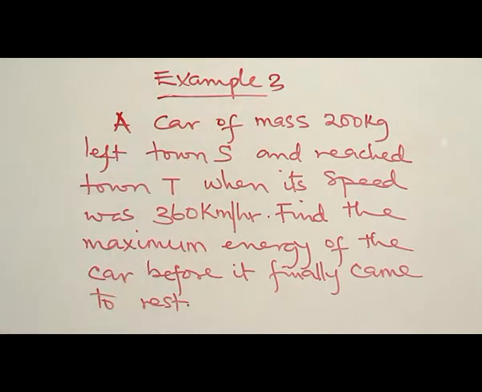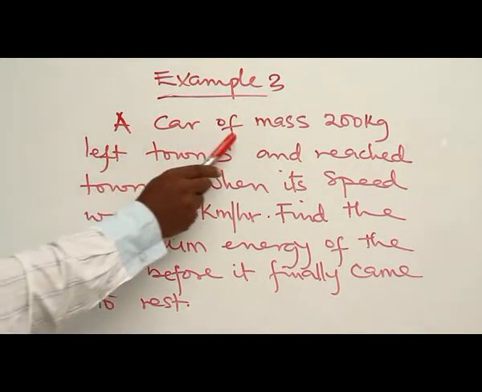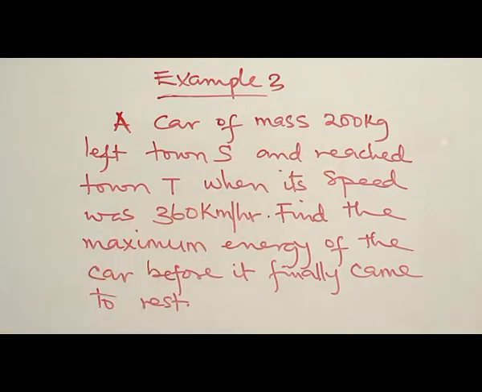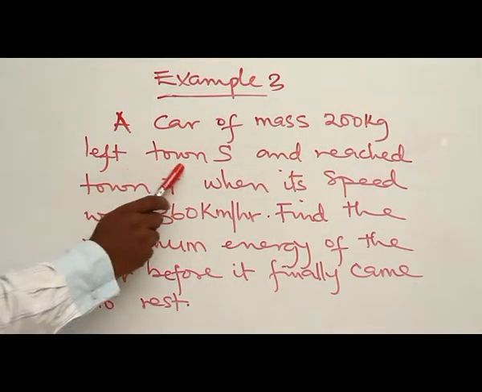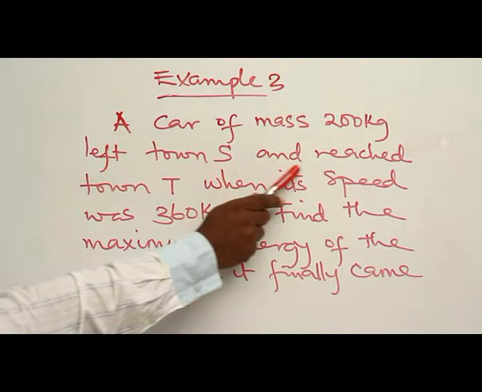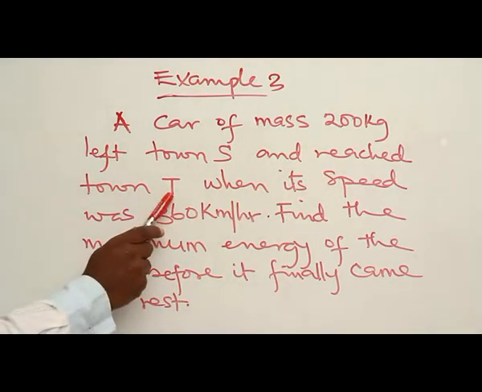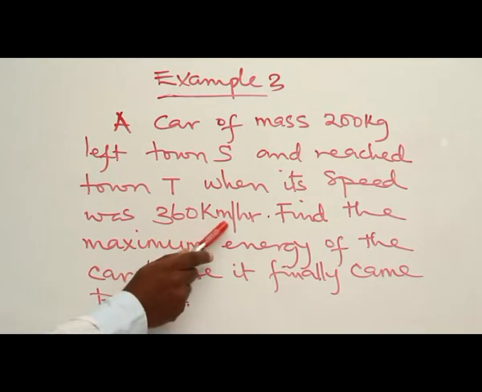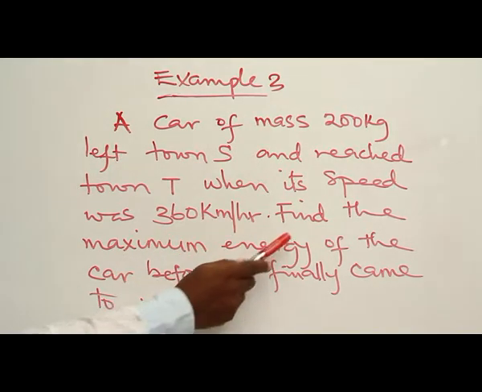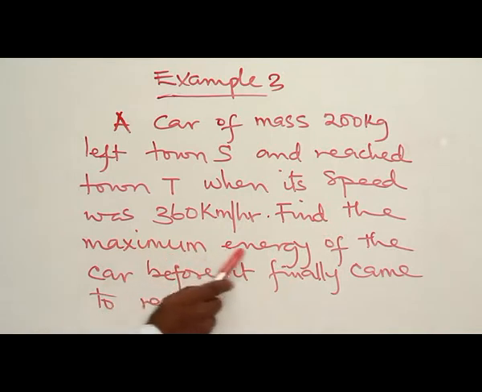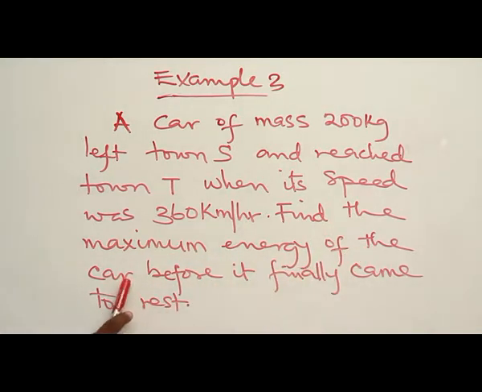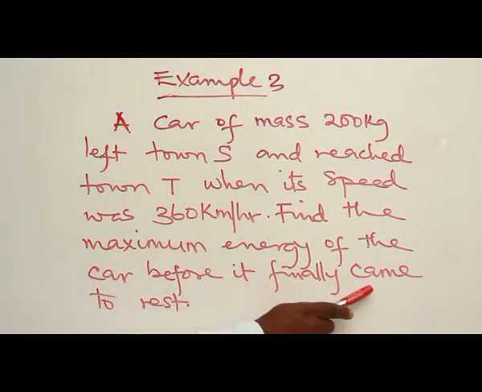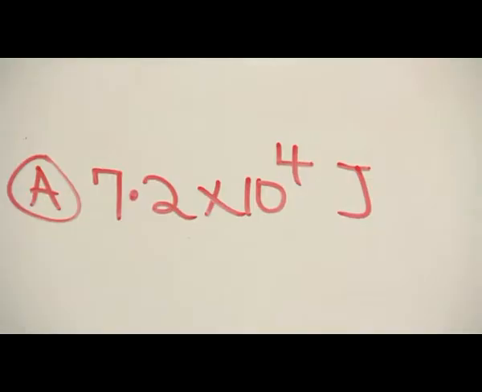Example 3. A car of mass 200 kilogram left a town S and reached a town T when its speed was 360 km per hour. Find the maximum energy of the car before it finally came to rest.